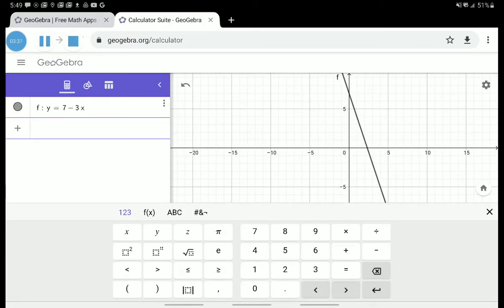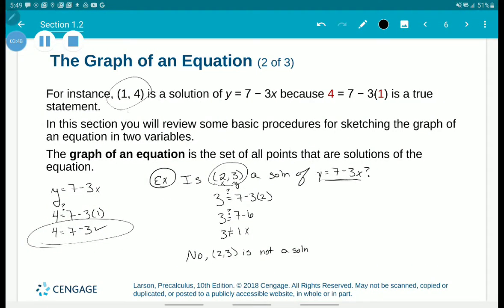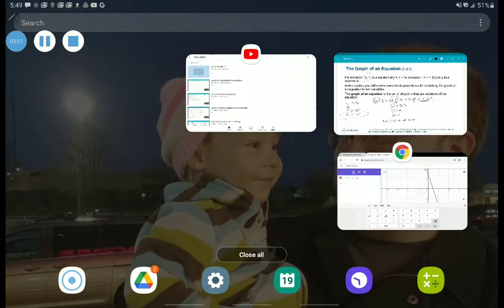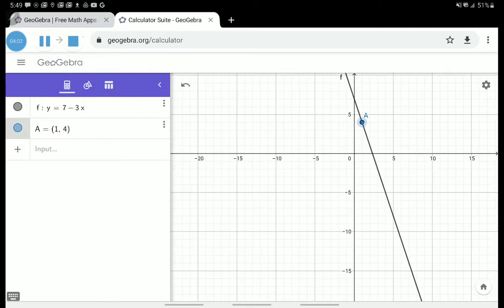And that first point we looked at was the point (1, 4). So let me show you graphically why that was a solution. Do you see our line over here, that gray line, and then you see that dot right here?